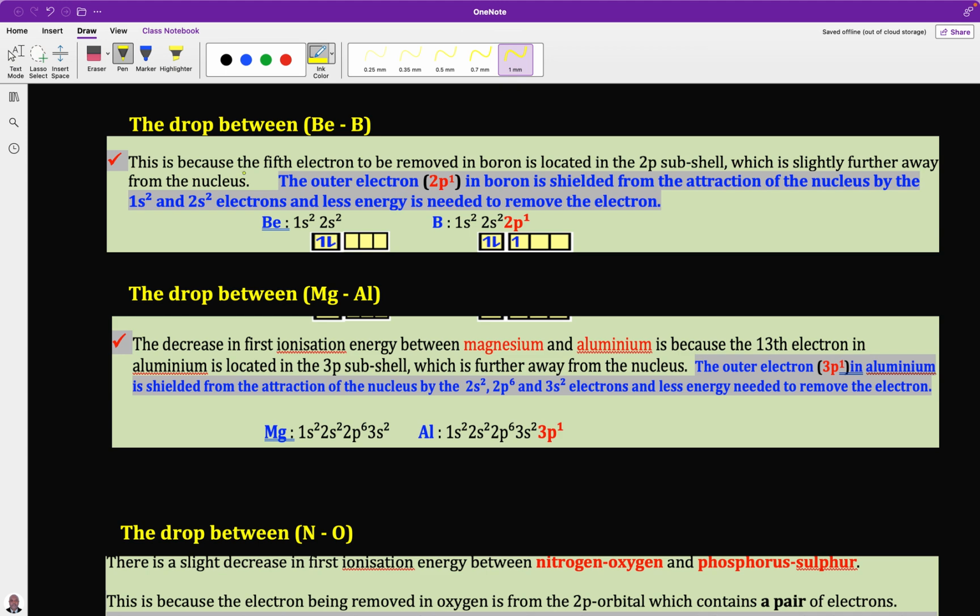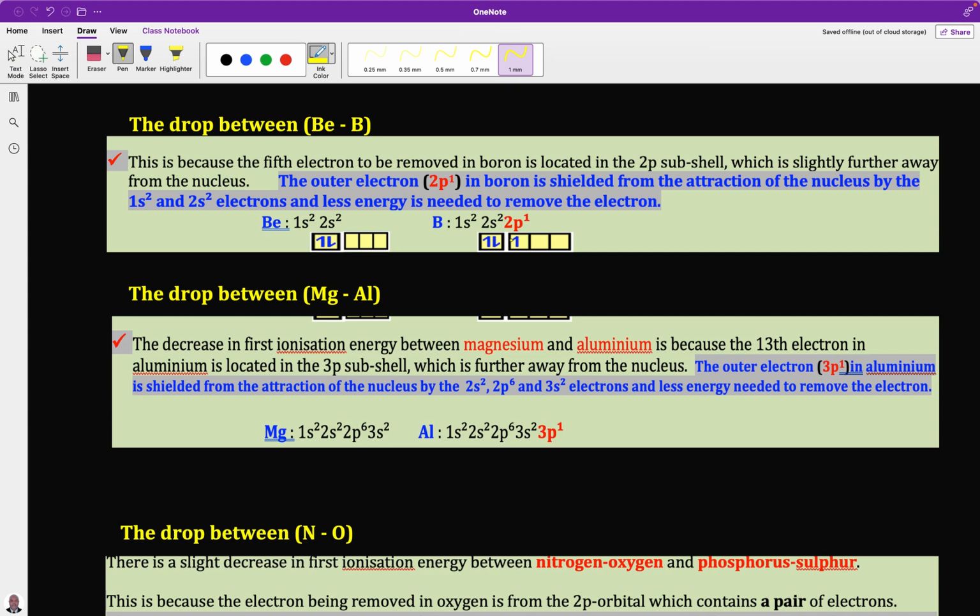So we can conclude, because the electron is in the p subshell, further away from the nucleus, that the outer electron in boron is shielded from the attraction of the nucleus by the 1s and the 2s electrons, and less energy is needed to remove the electron.